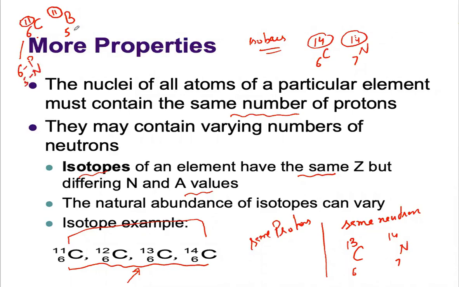While in boron, proton number is 5 and neutron number is 6. So proton and neutron numbers are interchanged by one unit. So these two atoms are known as mirror nuclei.